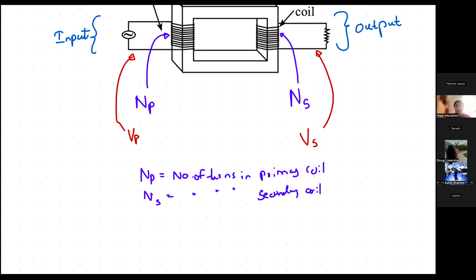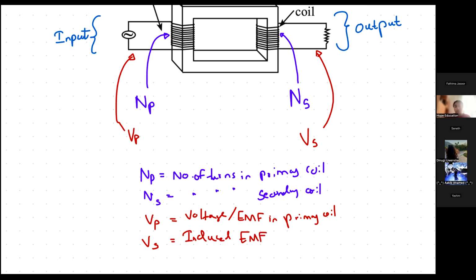VP is the voltage or electromotive force in the primary coil, and VS is the induced EMF or voltage in the secondary coil. These are the terms that we need to know.